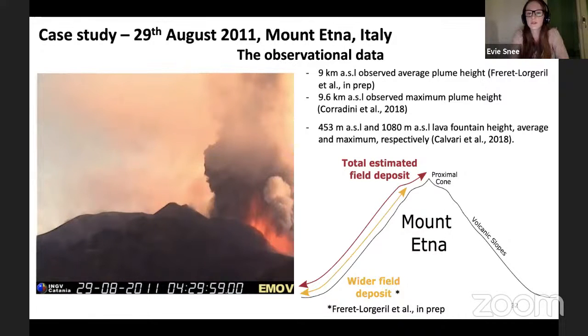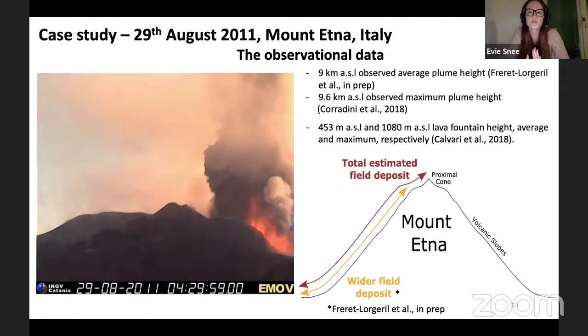The reason I'm giving this a separate name to begin with is that these eruptions form quite a prominent cone deposit at the top of the volcano, and a lot of the material that falls out of the plume and lava fountain goes into this cone deposit. The area I'm talking about is hundreds of meters from the vent, so generally this isn't characterized in wider fall deposit analysis.